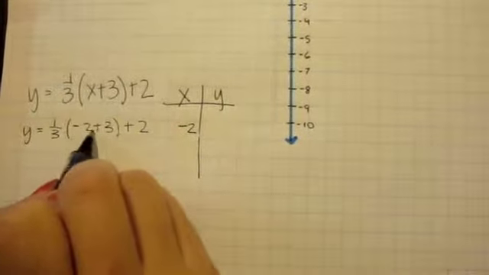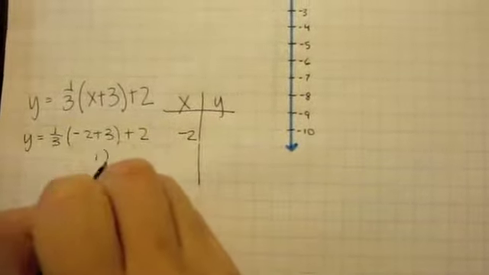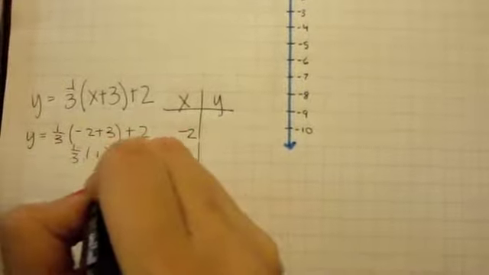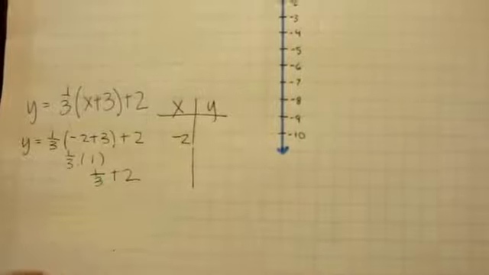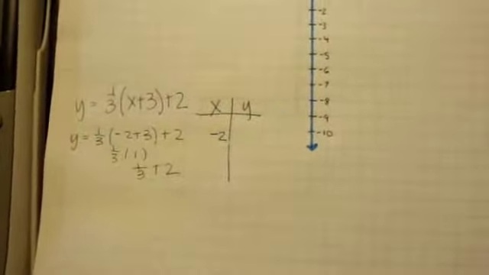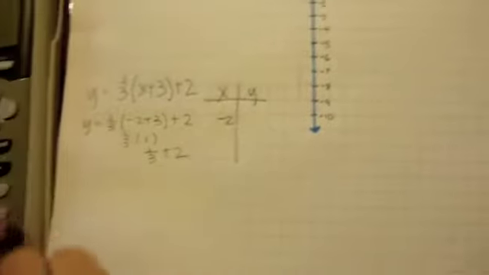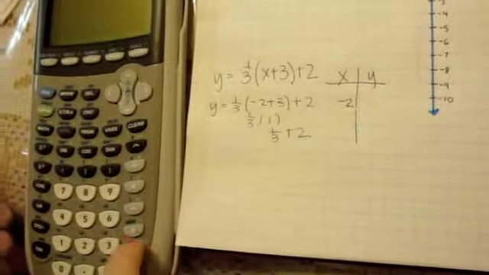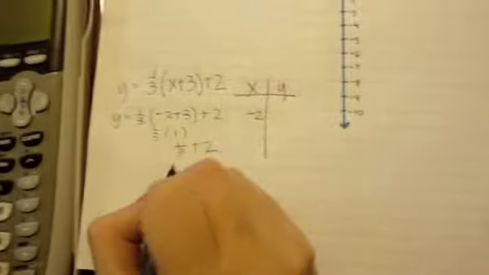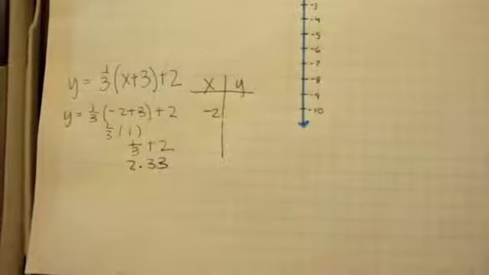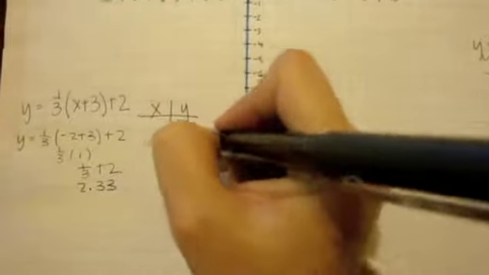And then negative 2 plus 3 is 1, times 1/3 equals 1/3, plus 2. And if I plug that in my calculator, 1/3 plus 2 is going to be 2.33. So it's 2.33.